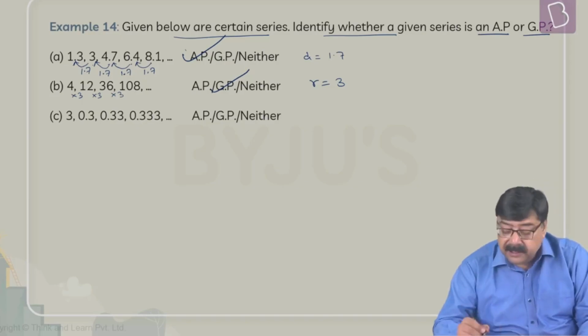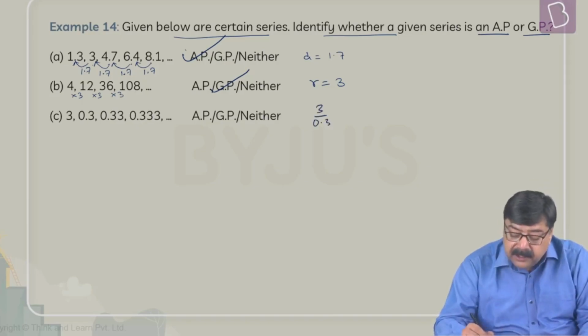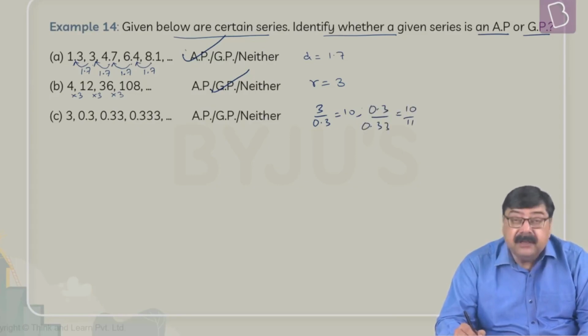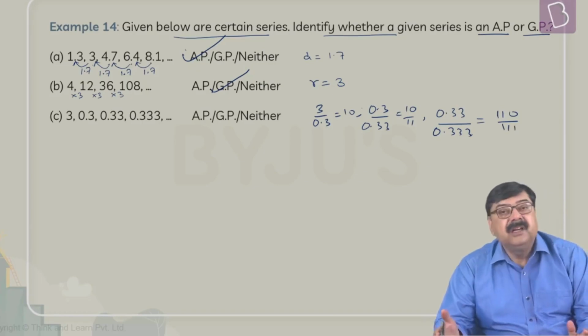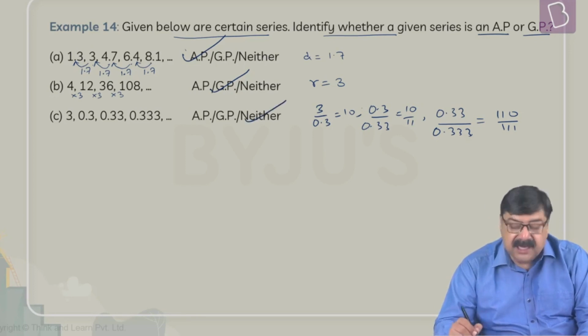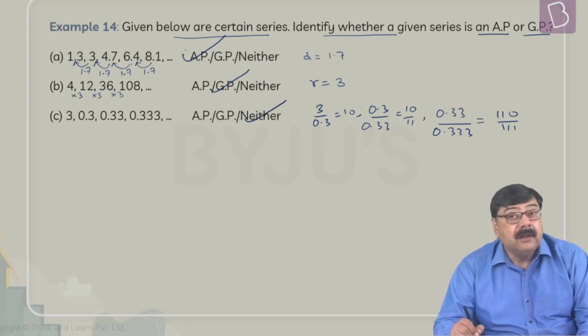Now in this series, 3 by 0.3 is 10. Then 0.3 by 0.33 equals 10 by 11. Then 0.33 by 0.333 shall become 110 by 111. So it does not make any sense. There is no common ratio or a common difference. So this is neither an AP nor a GP.